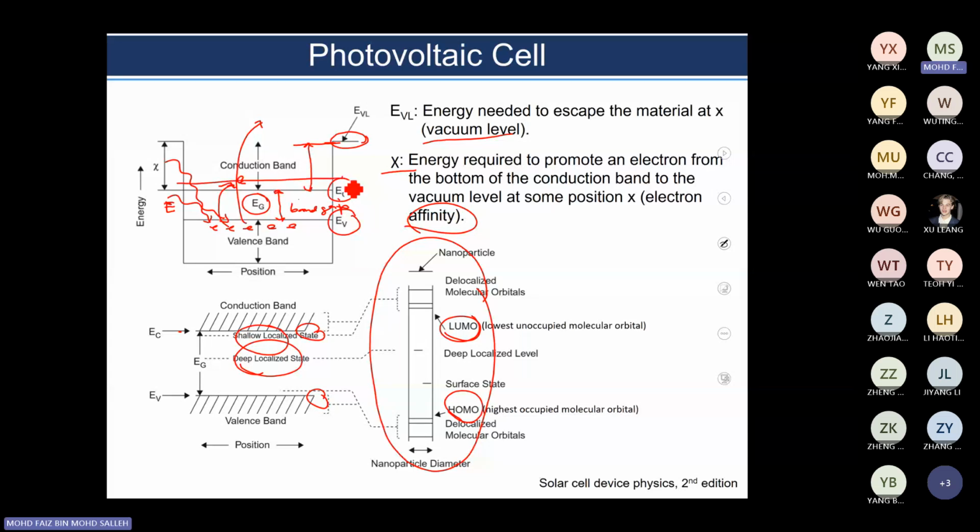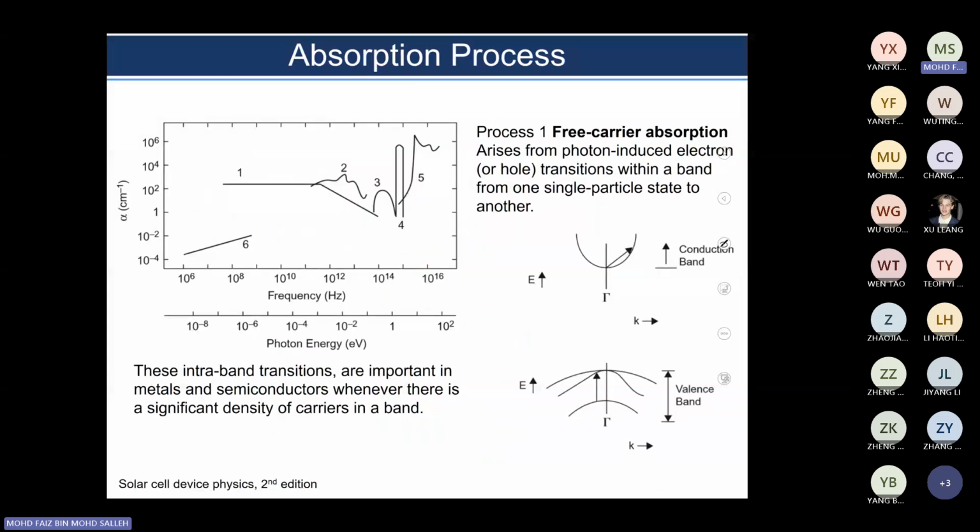For metal, EF is here, so we only consider the energy difference between the vacuum level and the Fermi level. That one we call the work function. Okay, some introduction or revision about the energy band diagram.